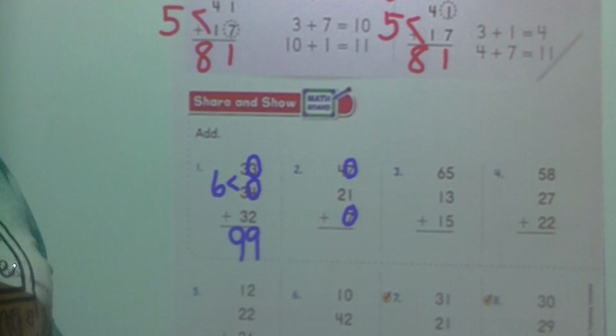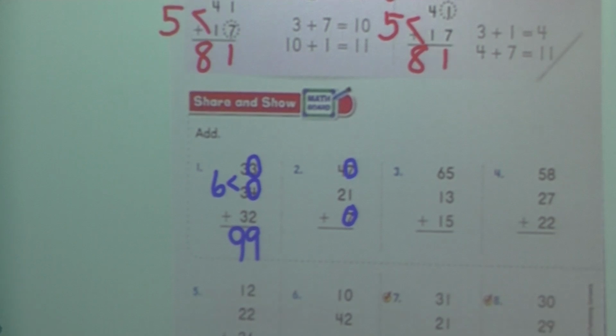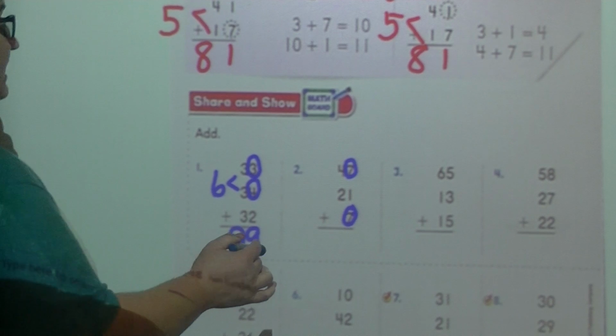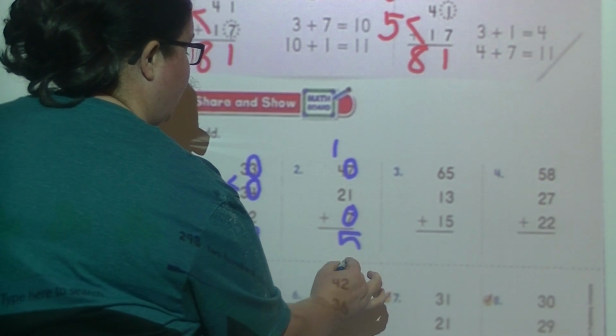7 plus 7 is 14. Plus one more is 15. So 15 is 1 ten and 5 ones.